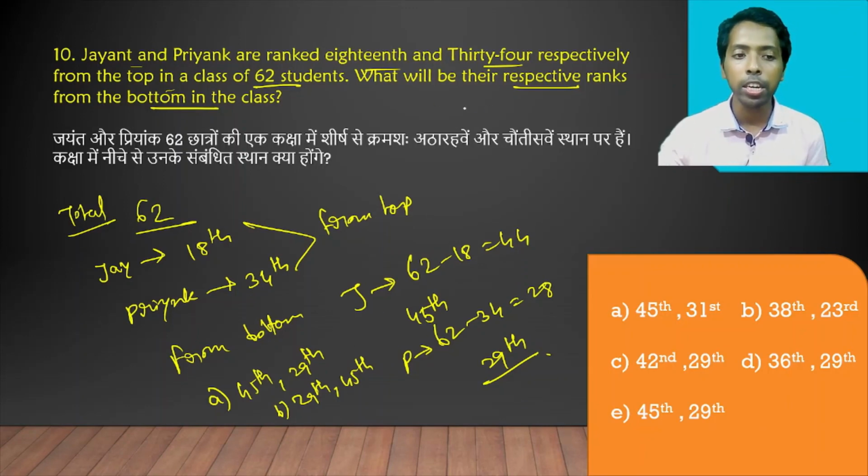It's talking about the respective ranks, and in which form is it given? Jayant and Priyank. So Jayant is 45, and 29 is for Priyank. So this way you should follow, so option B is not the answer here. This is the kind of scenario you have to keep in mind, right? So what's the answer here? Here 45, 29, and the exact order follows here, option A, right?